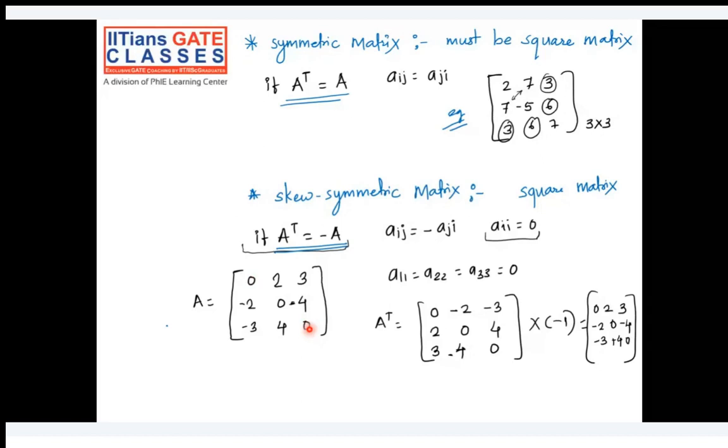So apart from the requirement of a square matrix, the principal diagonal elements have to be 0 in order to achieve the skew symmetric matrix. So the basic things are: it should be a square matrix, principal diagonal elements should be 0, and Aij is equal to minus Aji. Then that matrix is called a skew symmetric matrix.